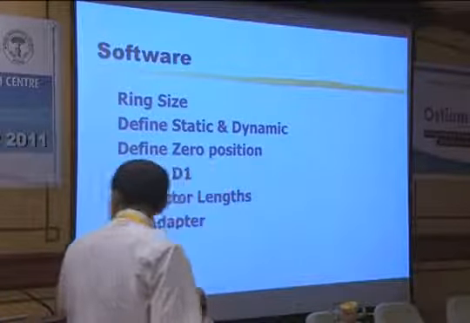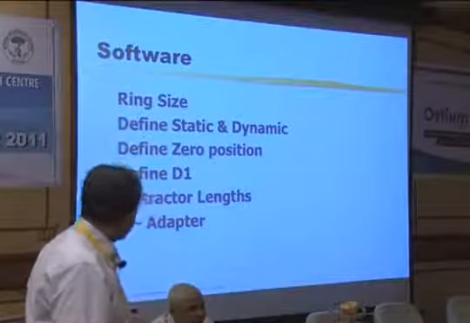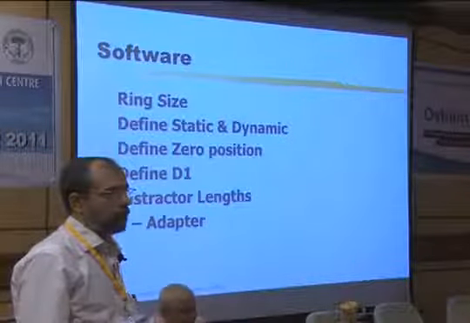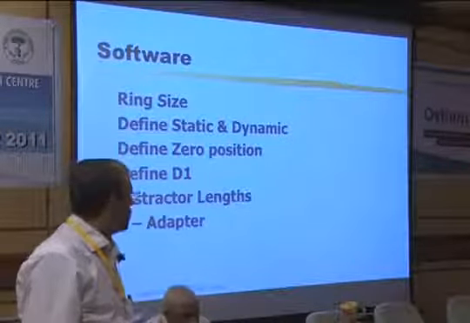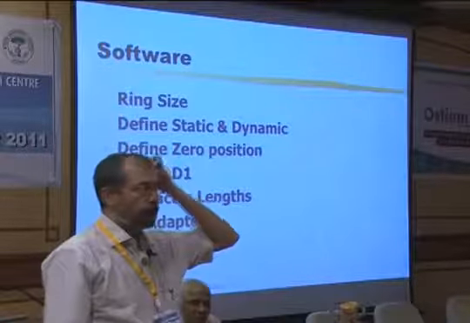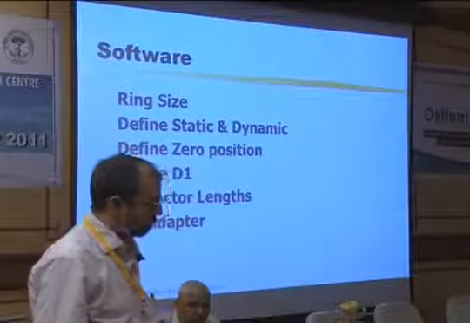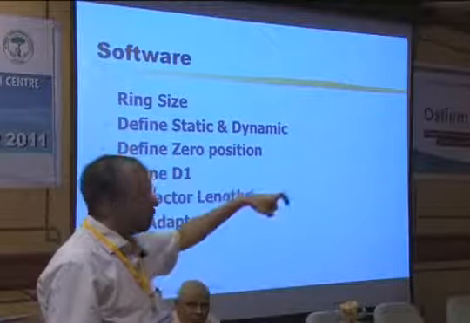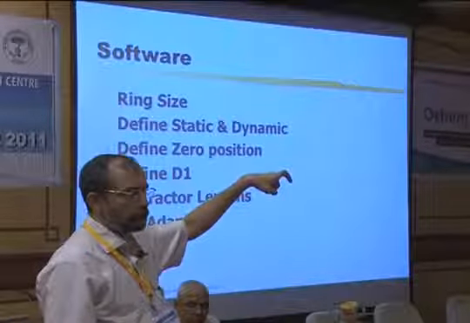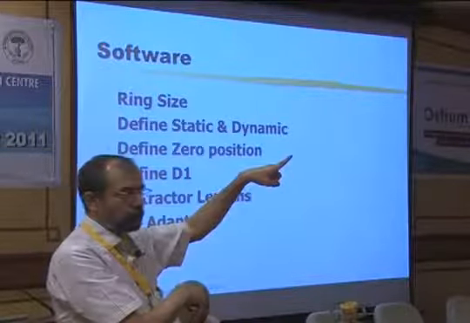what is the size of the ring that you are using, and we have to define something known as static and dynamic. Static is normally in industry terms or in mechanical terms, if I say that I have a flexion deformity, okay, to straighten this, this part is static and that part is dynamic.